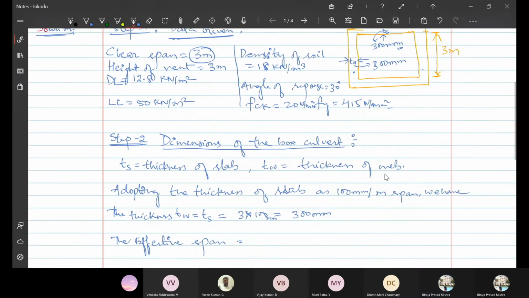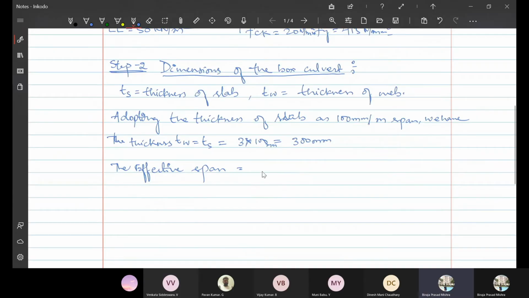So 3 meters equals 3000 mm, so 3000 plus 300 by 2 plus 300 by 2.